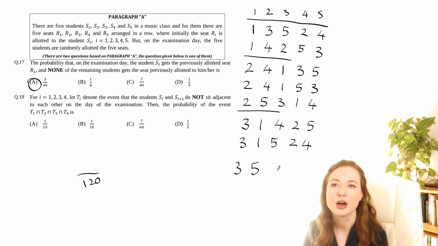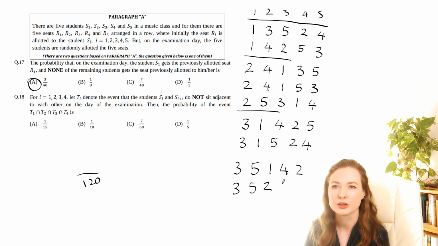But we could do 5, and then 1, what's left, 2 and 4. I could have 4, 2. I can't do 2, 4, because the 1 and the 2 can't go next to each other. Or we could have 3, 5, 2, and then that leaves 1 and 4. I can't put the 1 there, but I can put the 4 there.